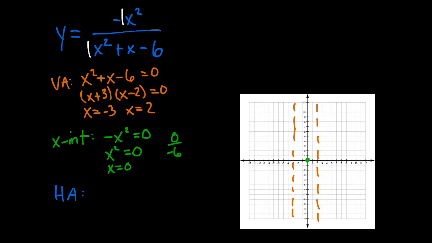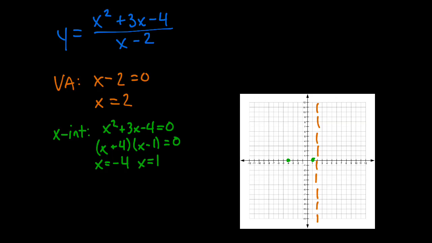So we take those leading coefficients, negative 1 over 1, and so y equals, or sorry, negative 1 is our horizontal asymptote. So at negative 1, there is our horizontal asymptote.